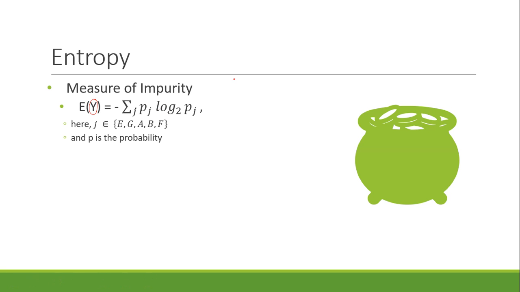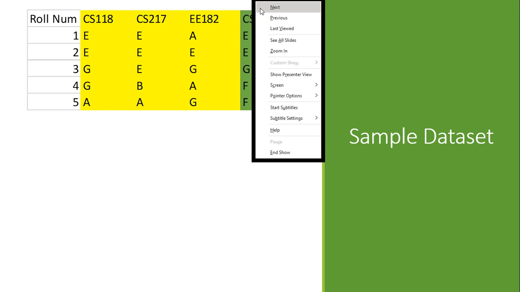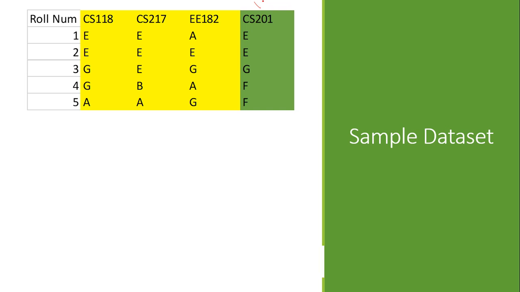So let's calculate the entropy for some data set. Here we have this data set where the green column CS201 is the course code, and this is the label of the data. So I can call it the column y, and then I have three more columns, or in fact four more columns, of which the three yellow columns are of interest here.